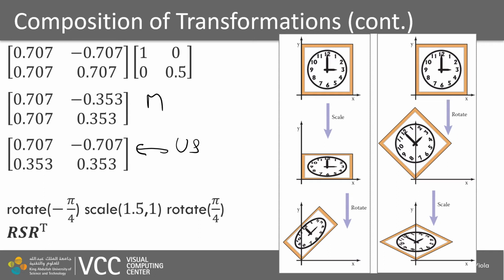This is the matrix M, and now let's have a look. So what are we doing here? In our original case, M is RS. So first we are scaling and then rotating. So this is M.